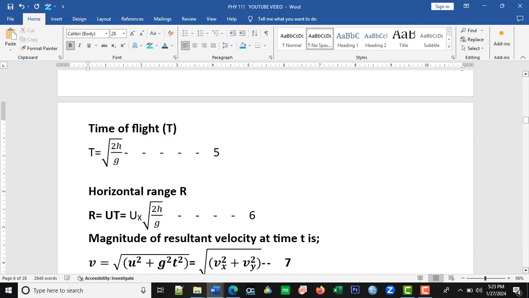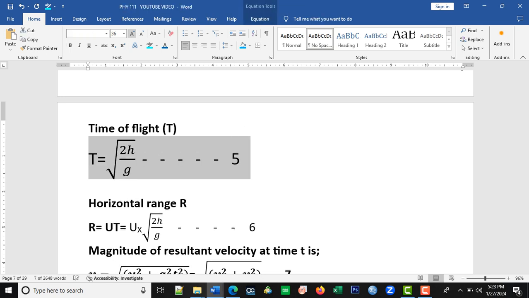Okay, so equation 5 would help us to calculate the time of flight of a projectile that is projected from a high tower like the one we are considering here. So in this case, t equals the square root of 2h over g, where h is the height above the ground and g is the acceleration due to gravity.